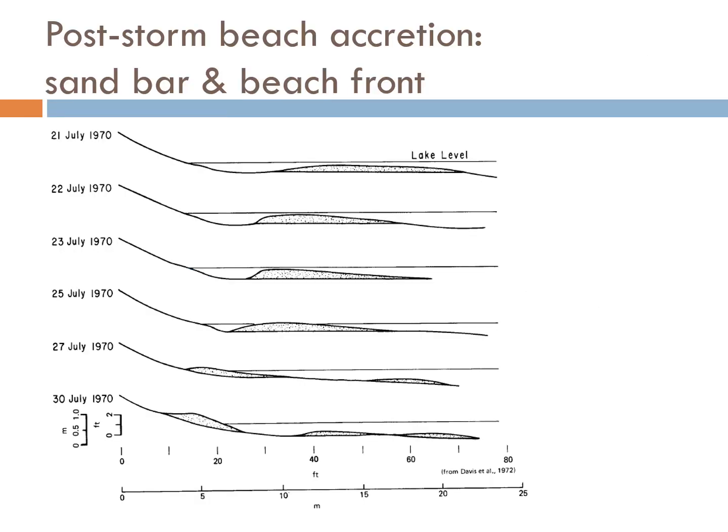This is another set of figures showing the evolution of the beach profile post-storm, that means after the storm event. We see here from 21st July 1970, the changes on a day-to-day basis until 30th July 1970.